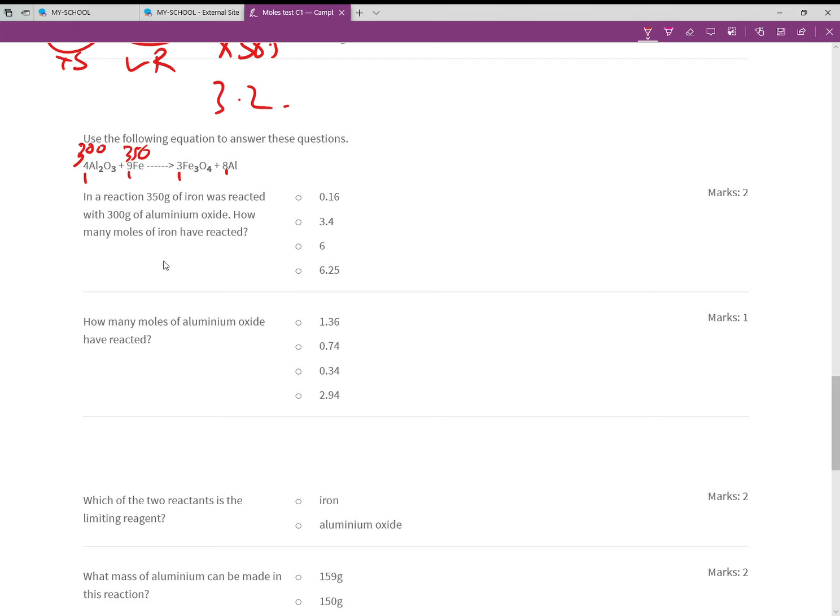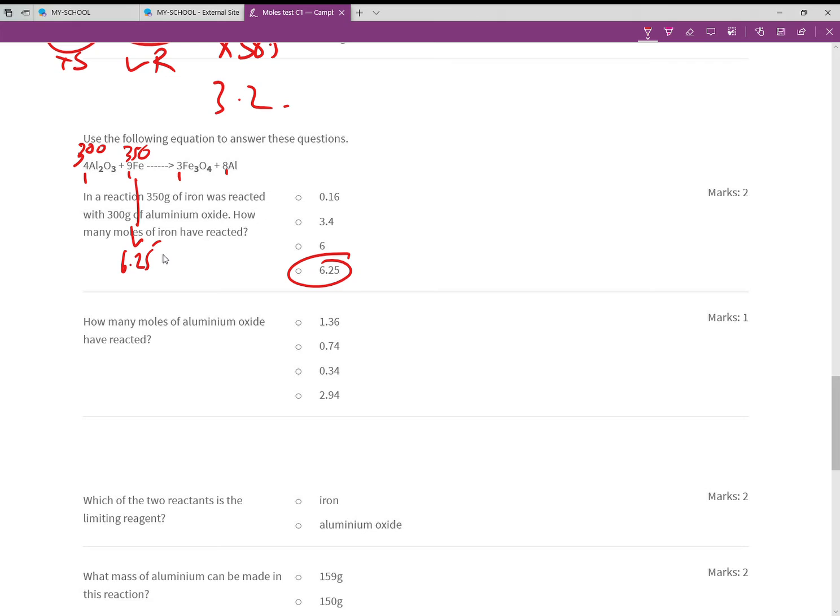Okay. How many moles of iron have reacted? Okay, so let's see, we've got 350 divided by 56 gives me 6.25 moles of iron.